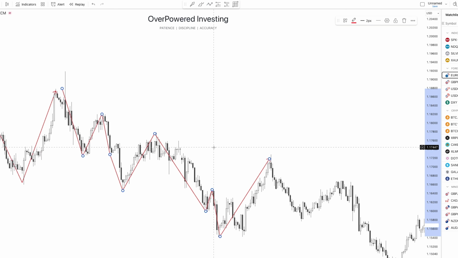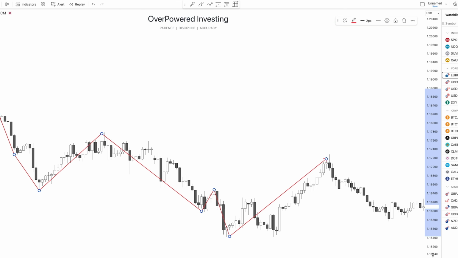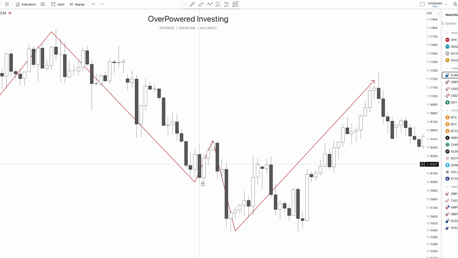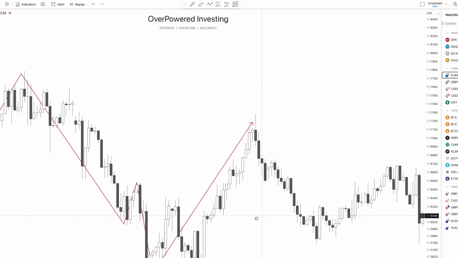Actually, oh my God, this is interesting, because we can consider this one a pullback: bearish, bullish, bearish, bullish, bullish, bullish. So basically, if you say that this is the lowest point of the price impulse to the downside, and this one is a real pullback, then we have a push to the downside, and then the pullback.